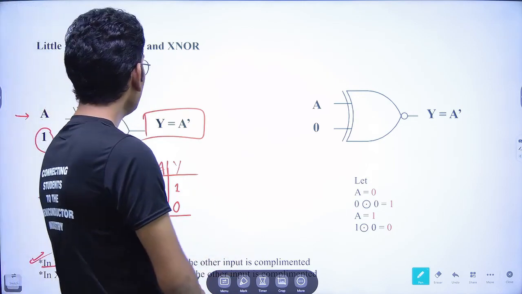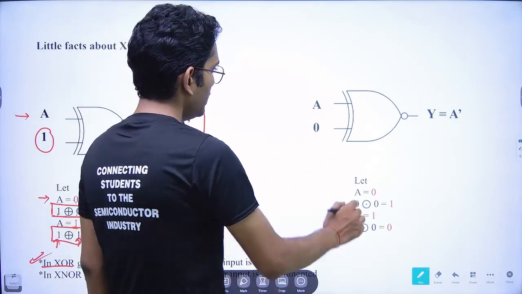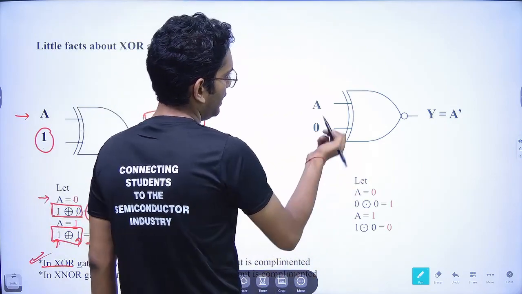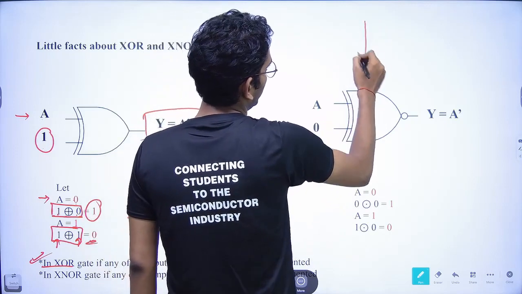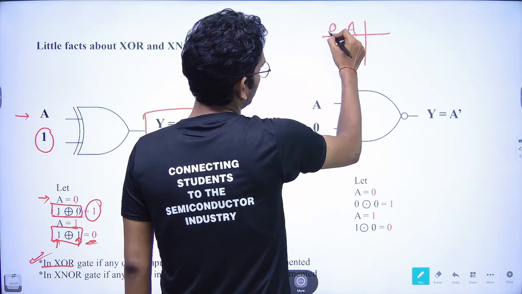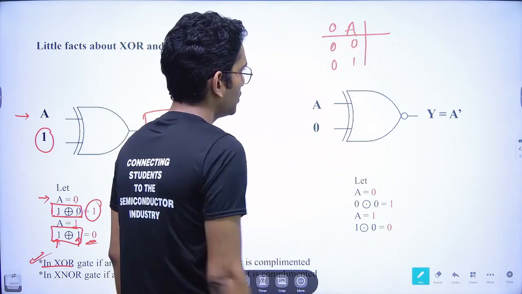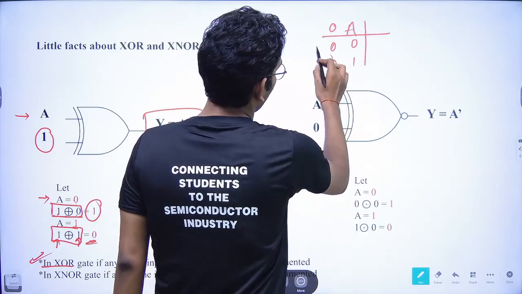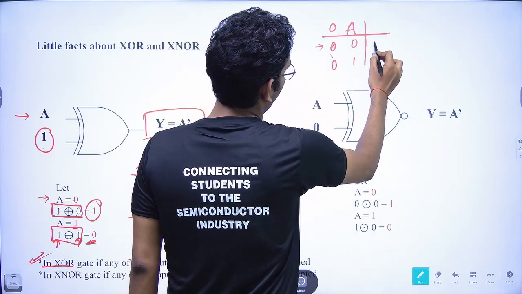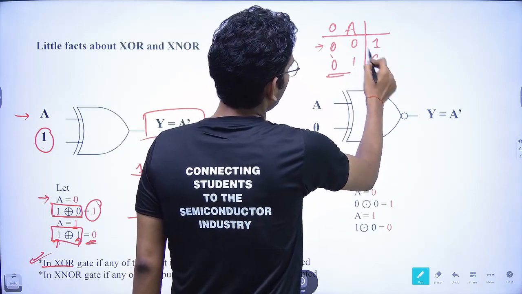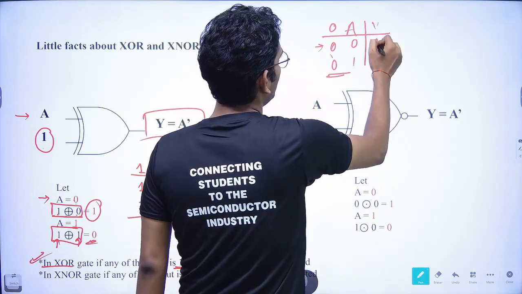Now let us come to the XNOR gate. So here in the XNOR gate, what is happening? Similarly, we have taken one of the inputs as 0. So we can make the truth table: A is 0 and 1, and here 0, 0. This is basically the equality detector. So when both the inputs are 0, we will get the output as 1. When both the inputs are not 0, then we will get the output as 0. So what is happening here also?